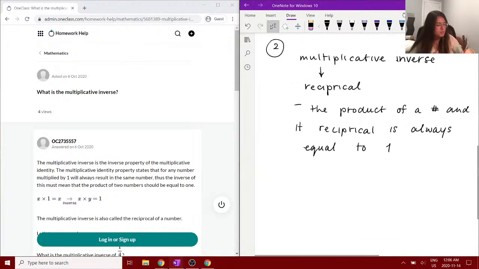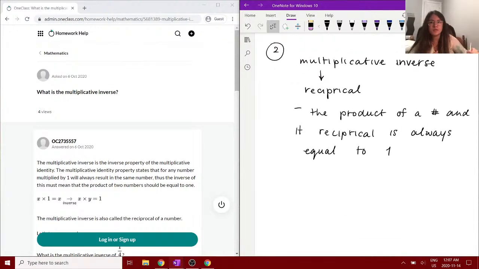Okay, so if we have a number a and we multiply it by its reciprocal, the reciprocal is you're flipping the numerator and denominator. So every integer is over 1, but you just obviously don't write the 1 in the denominator.